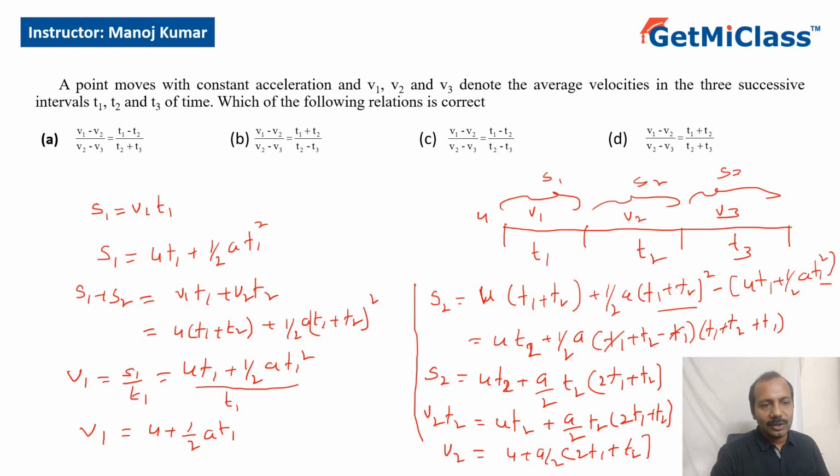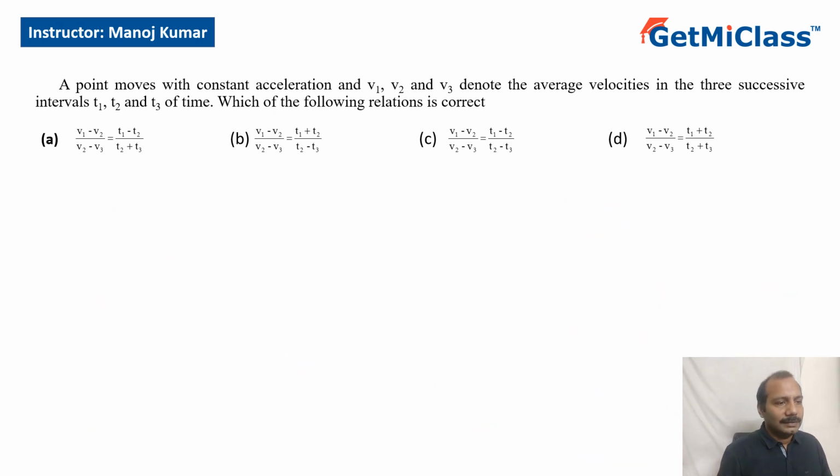So V2 equal to how much? U plus A by 2 into 2T1 plus T2, and V1 equal to U plus half A T1. From the previous slide, we have V1 equal to U plus A by 2 into T1, and V2 equal to U plus A by 2 into 2T1 plus T2.